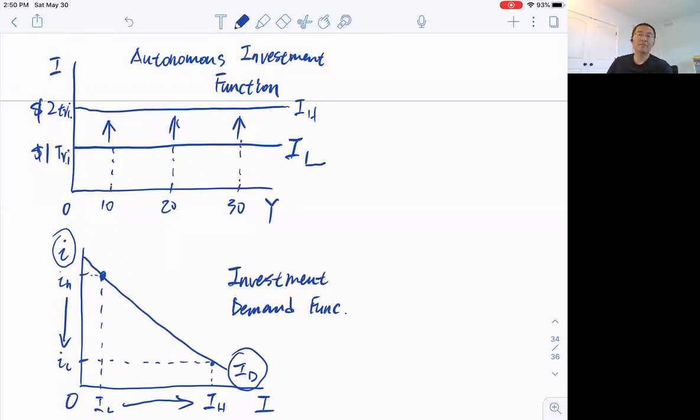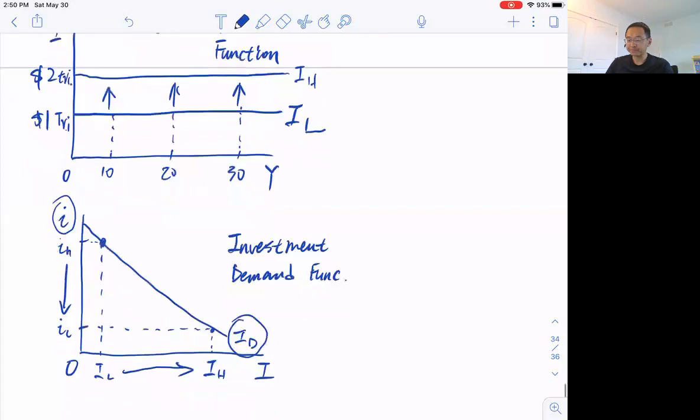But if somehow firms believe real GDP is going to take a big hit in the near future, then there might be some reduction in investment. So it's the expectation that could also shift your investment function here, okay?